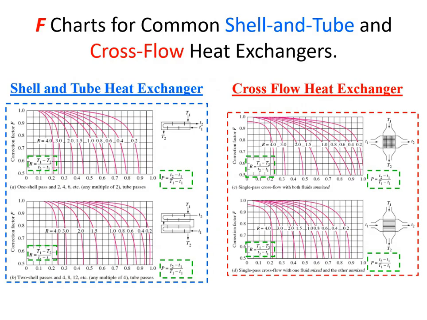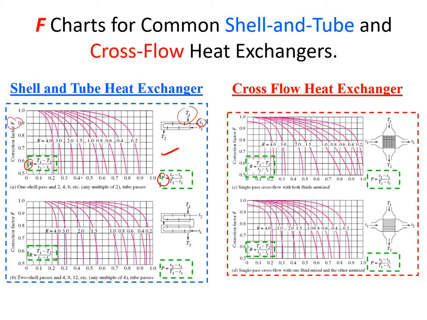Basically for the cross flow heat exchanger and shell and tube heat exchanger, the correction factor we can obtain from this graph. You need to calculate the value of R and also the value of P based on the information given in the question. Capital T is at the shell side, the small t at the tube side. By calculating this R and P, you can get the value of the correction factor.